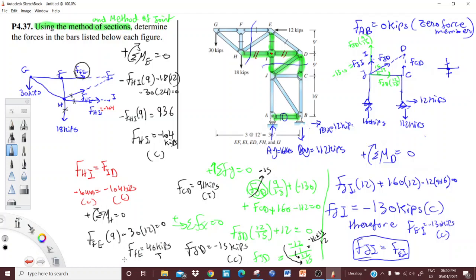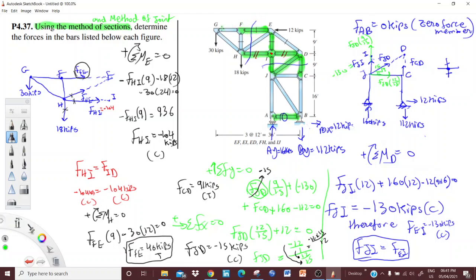Okay, so I found it. Fe is equal to 40 kips.